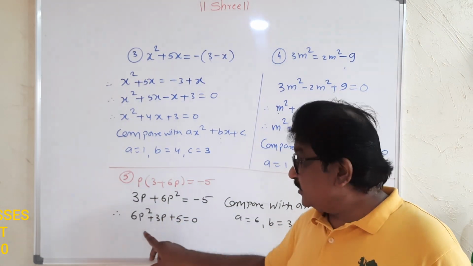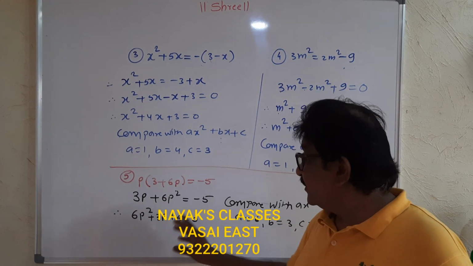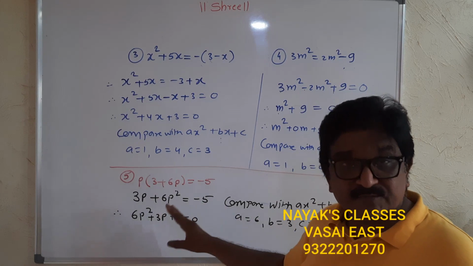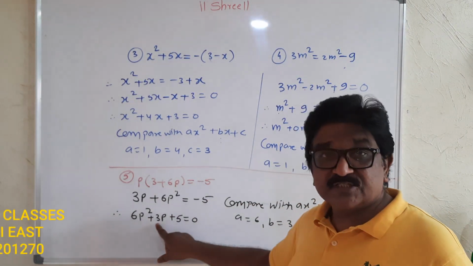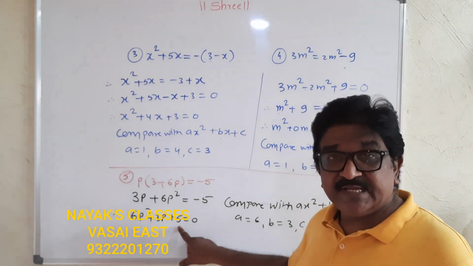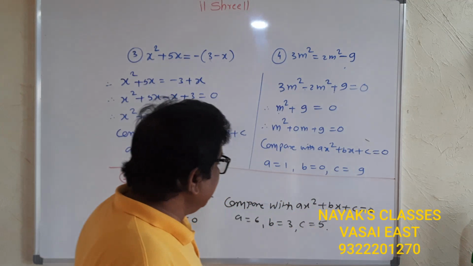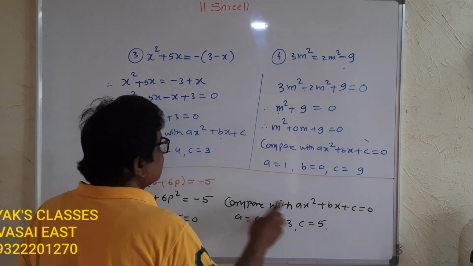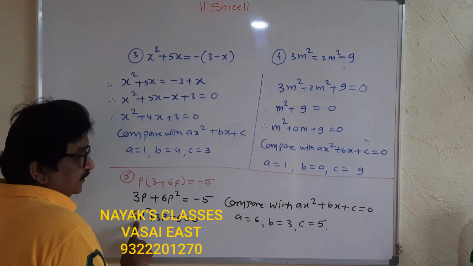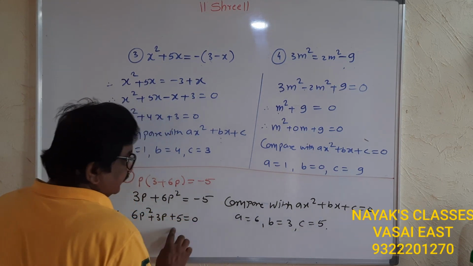So rearranging, 6p square plus 3p, and this minus 5 becomes plus 5. So the equation will be 6p square plus 3p plus 5 is equal to 0. Compare with the standard ax square plus bx plus c. You will get a is 6, b is 3 and c is 5.